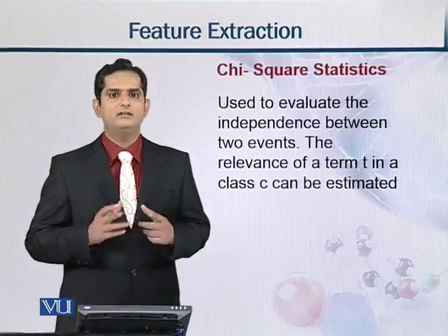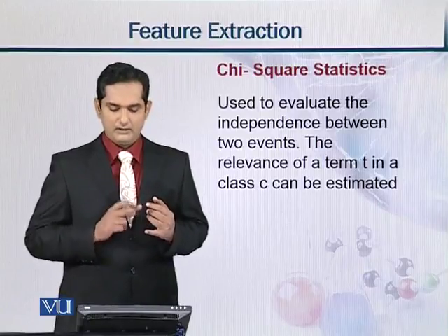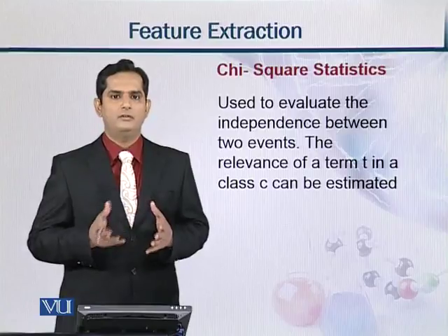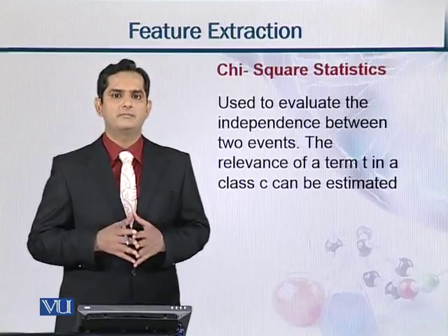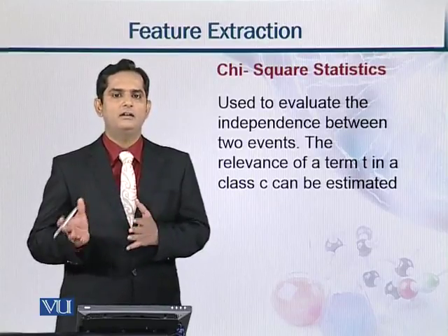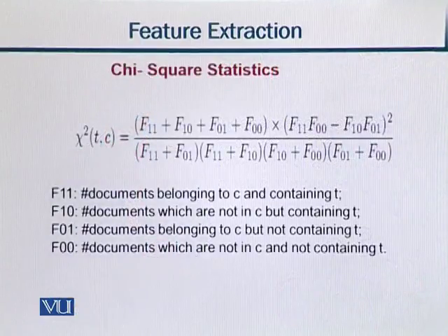Another thing added in chi-square is that it will also evaluate independence between events. Between events means, in our case, independence between our terms. So boy and playing and soccer, how independent are they? For this purpose we have to see the definition of chi-square, which is shown in this slide.